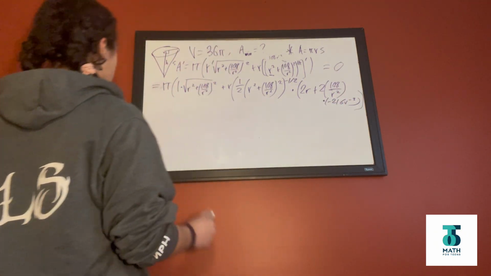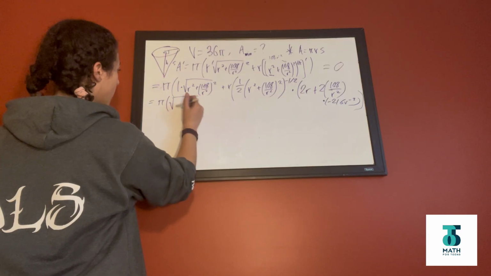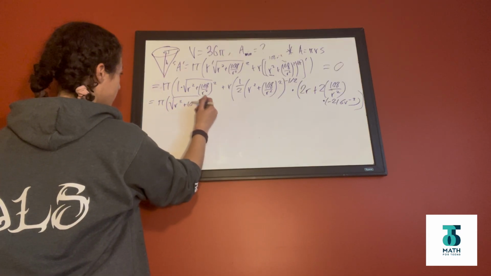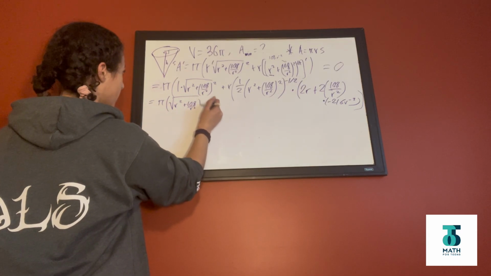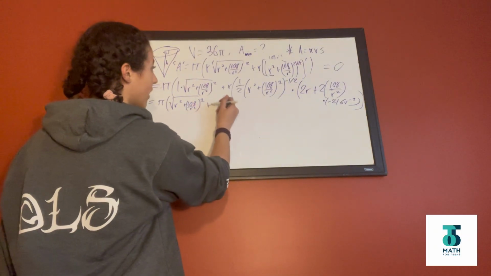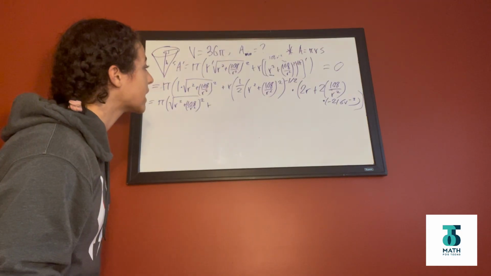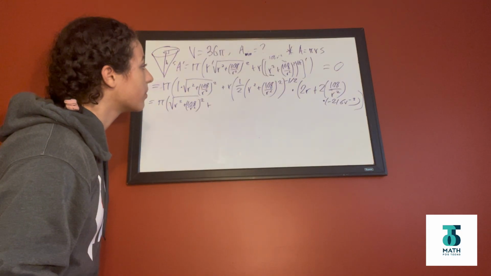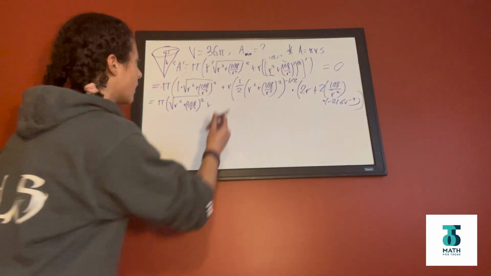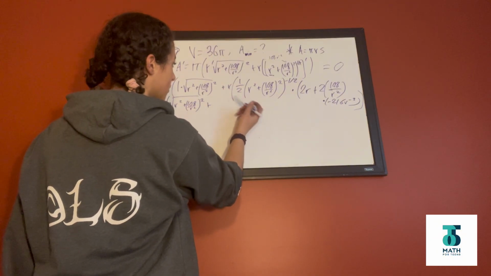So we have pi times the square root of r squared plus 108 on r squared, and then plus, I think I'm just going to be clean about it and not rush the steps.